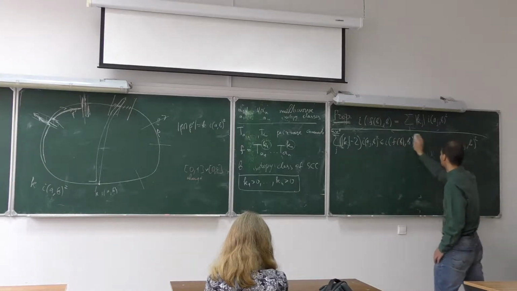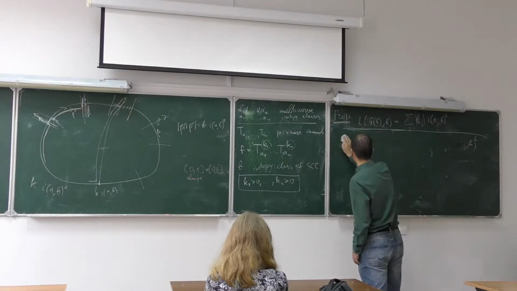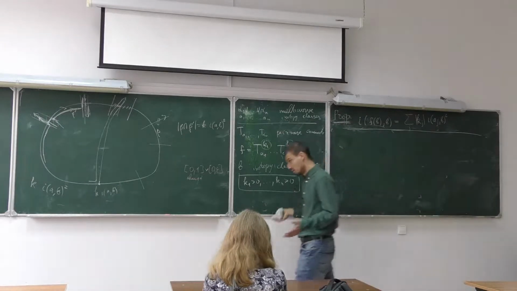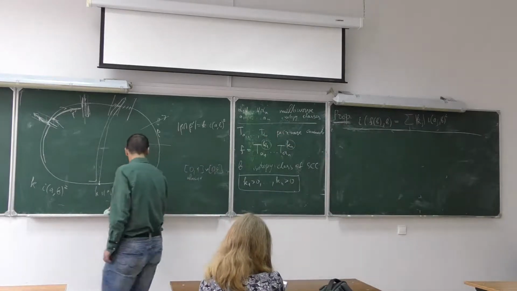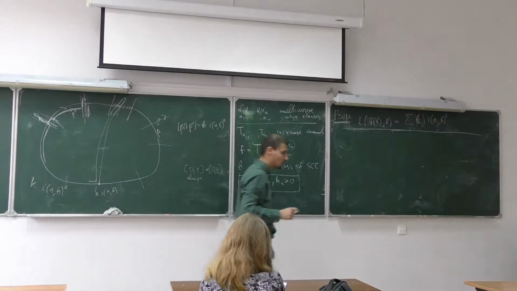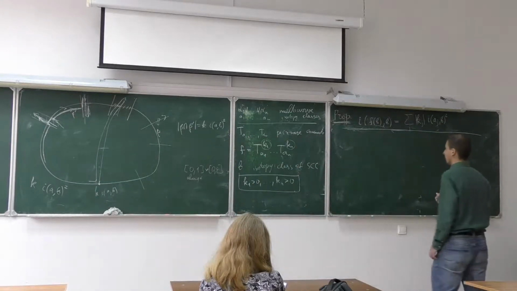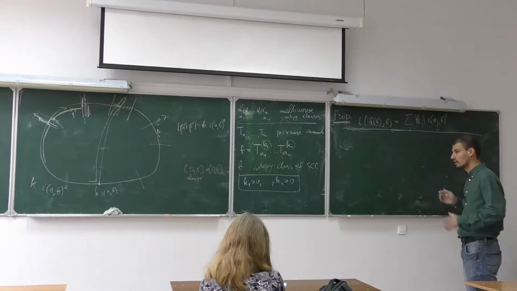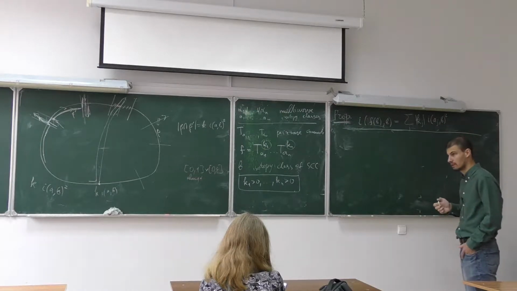Then the situation is more difficult, and we have no good answer in terms of some intersection index. We have no complete answer, but we have a very nice estimate.